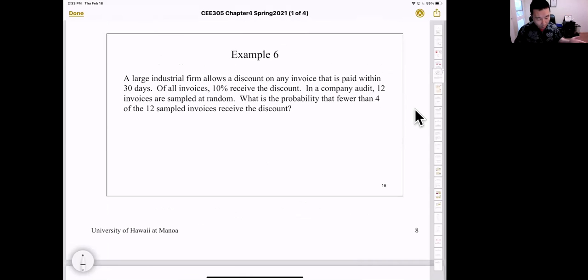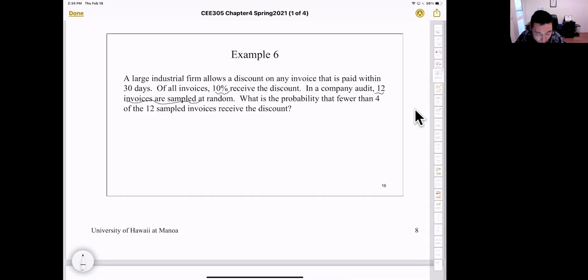Here's an example of how we can use the binomial distribution to calculate a probability. A large industry firm allows a discount on any invoice that is paid within 30 days. Of all the invoices, 10% receive a discount. In a company audit, 12 invoices are sampled at random.